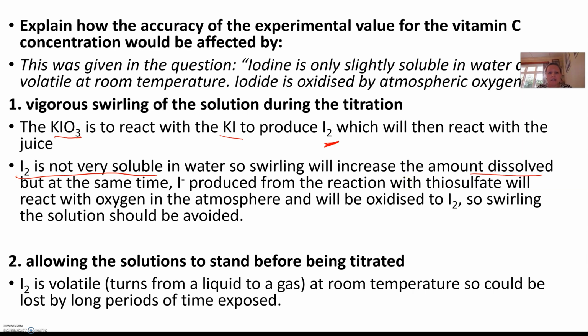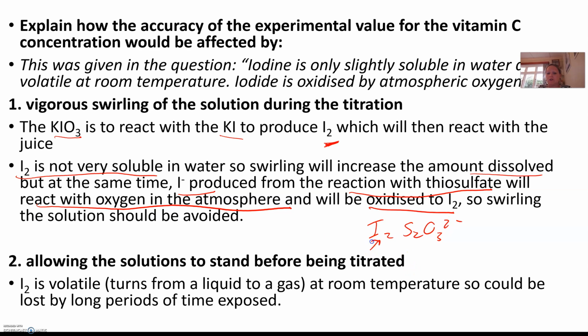However, and the only way you would know this is from reading those points, the I minus that is produced in the reaction with thiosulfate, which is the final step of the back titration, can react with oxygen in the atmosphere and be oxidized to I2, and that's problematic because remember that final stage is I2 reacting with S2O3 2 minus.